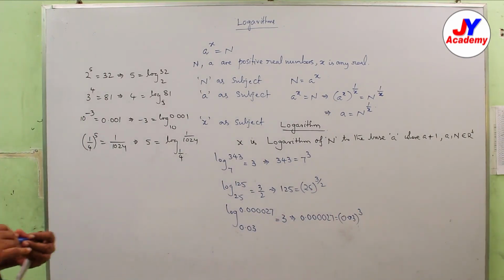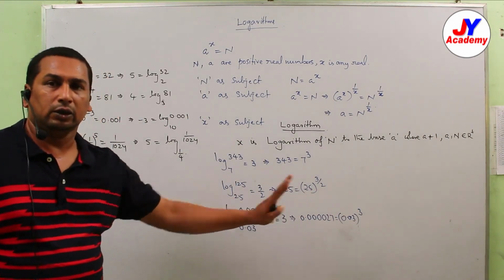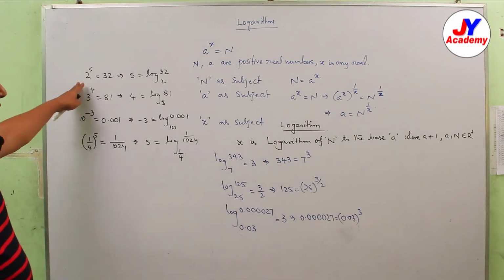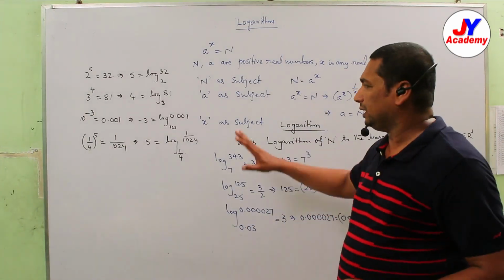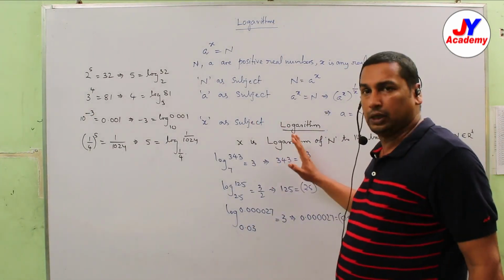So if logarithmic form is given, we can convert into exponential form. If exponential form is given, we can convert into logarithmic form. That is the introduction and the definition of logarithm.